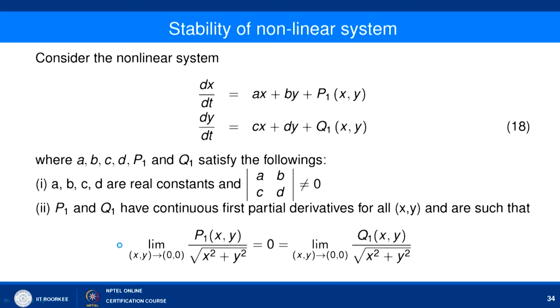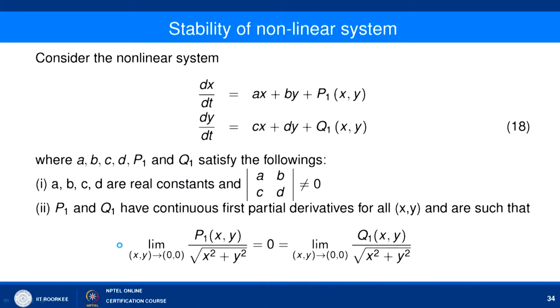Now, let us go to stability of nonlinear systems. Consider the nonlinear system dx by dt equal to ax plus by plus p1(x, y) and dy by dt equal to cx plus dy plus q1(x, y), where a, b, c, d, p1 and q1 satisfy the following conditions. First, a, b, c, d are real constants and the determinant of a, b, c, d is non-zero.